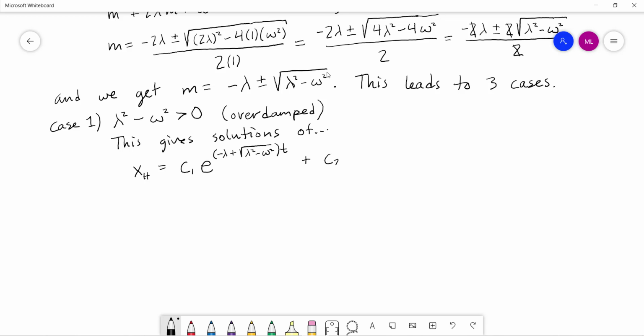And the second linearly independent part of the solution will be e to the negative lambda minus that square root term, lambda squared minus omega squared, t.